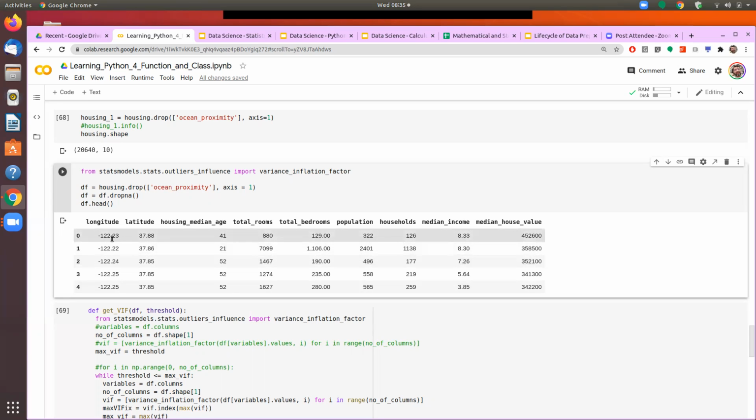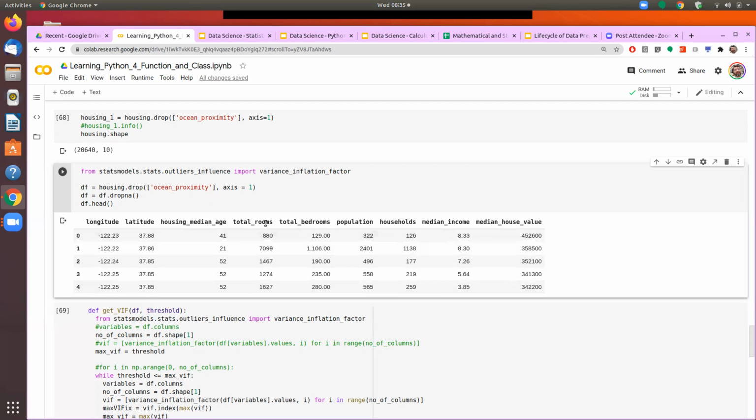So longitude was getting a very high VIF because this one has a very high correlation with latitude to start with. Now that longitude is gone, latitude is not having any kind of correlation with the others. So latitude is showing a lower VIF.